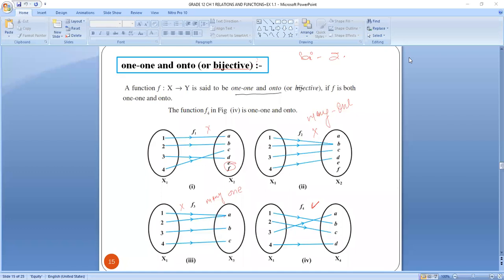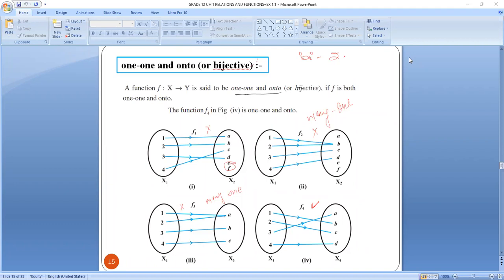When every element of the domain is connected to one element only in the image, then we have a one-one function. That means every element of the domain has only one image, and every image in the range has only one pre-image. Then the function is one-one.